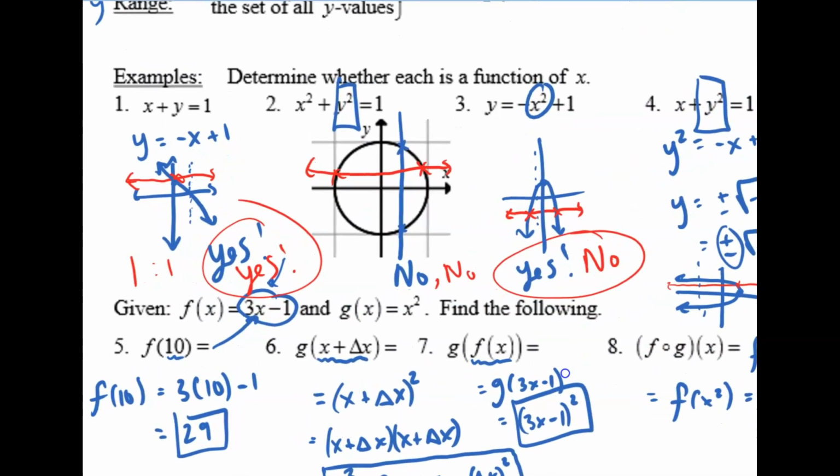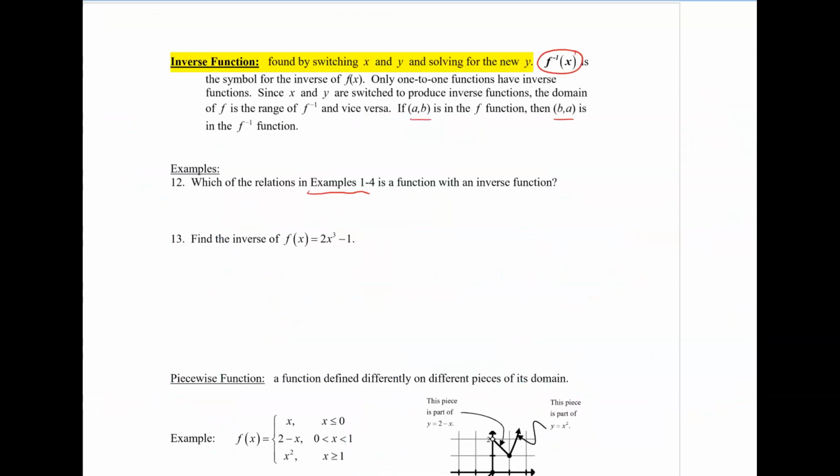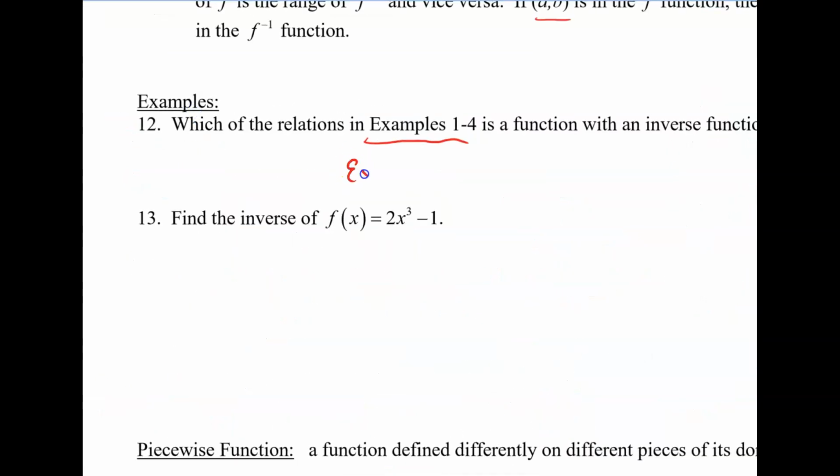So we go here, and our only 2 functions were examples 1 and 3. And the only one that had an inverse that is a function would be example 1. So down here we can say example 1.